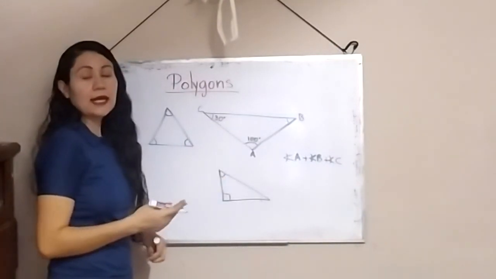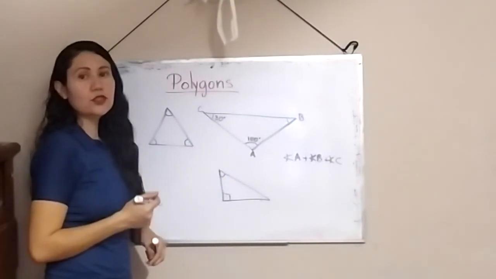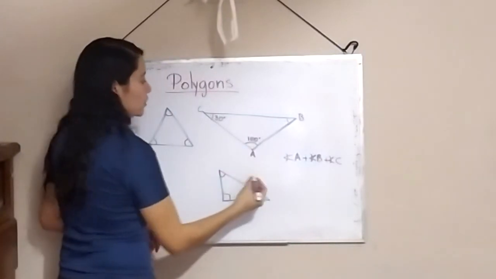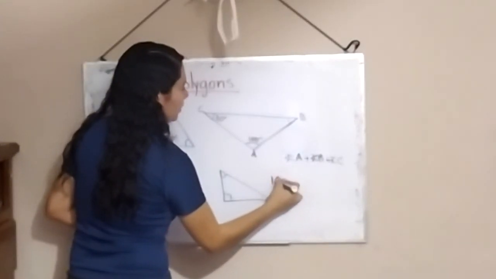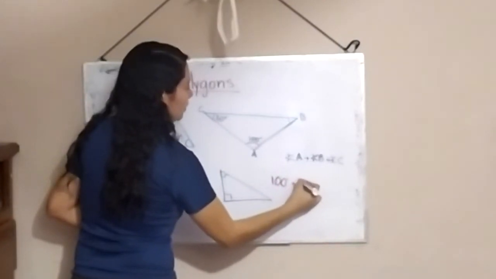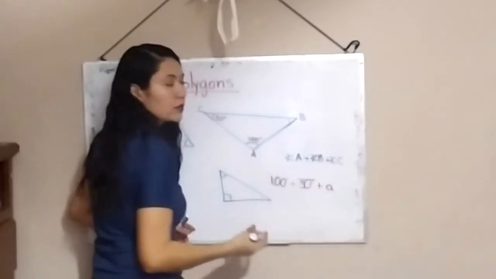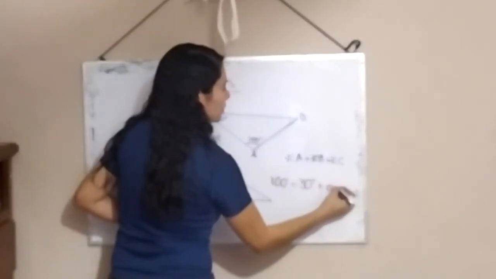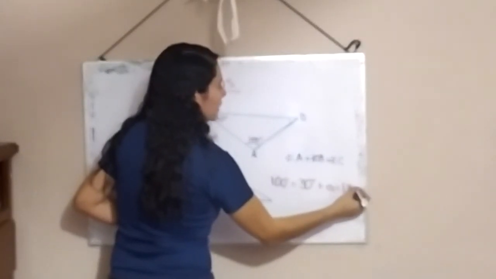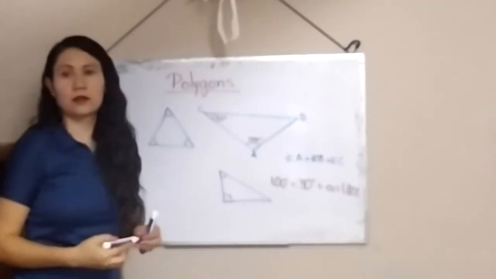We know that the total of the angles should be 180. So we know that 100 plus 30 plus the third angle, which we don't know, should be equal to 180.